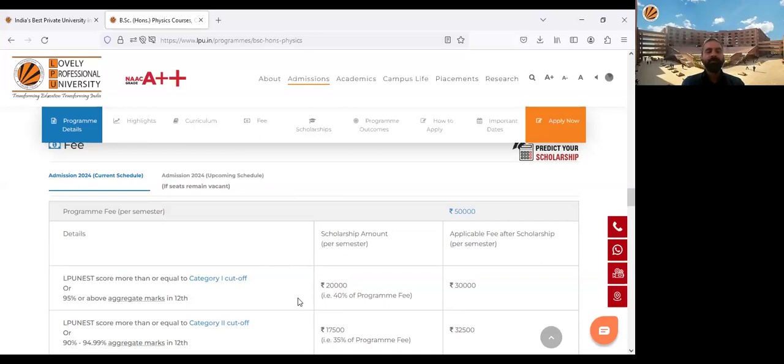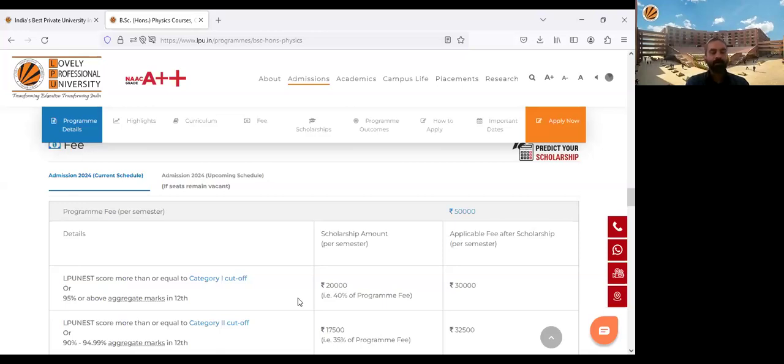If you got 95% or more marks in the 12th class, then you get a 40% scholarship benefit. The program fee for BSc Honors Physics without scholarship is 50,000 rupees. But with a 40% scholarship, the applicable fee will be 30,000 rupees per semester.